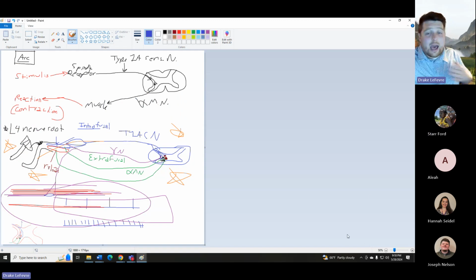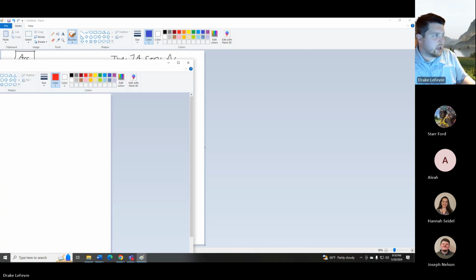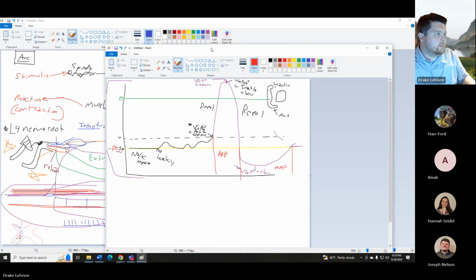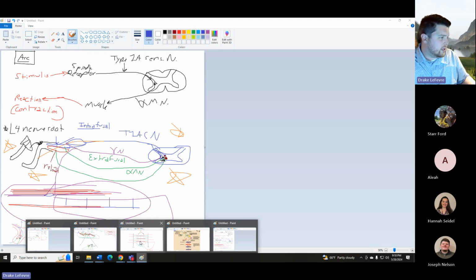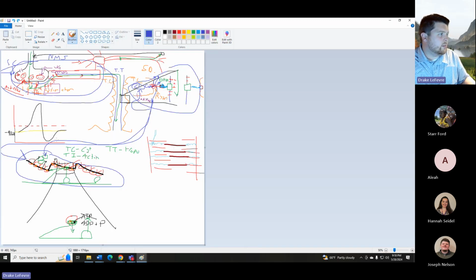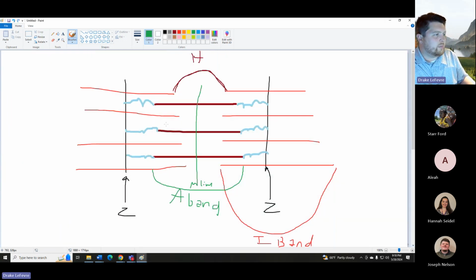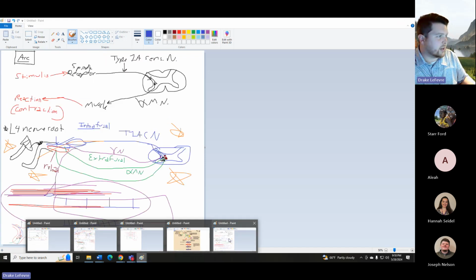Like I said, what I personally would do is tomorrow before the exam, take a minute and review these main processes: the action potential, the whole process of muscle contraction, the sarcomere, and the knee jerk reflex.